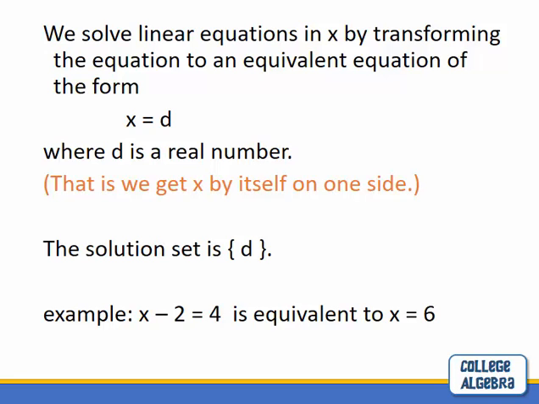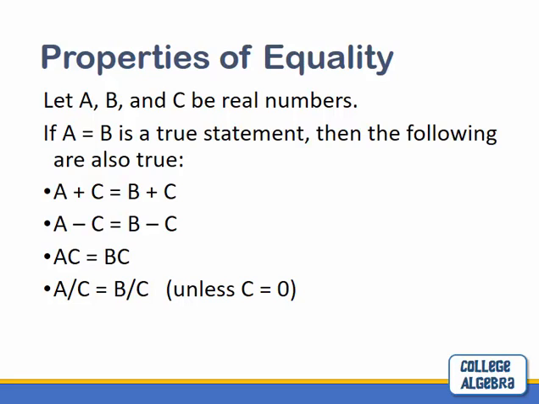But what we really do is we take our equation and we keep transforming it algebraically using properties that keep it equivalent to find an equivalent equation where we can just read the answer and get like x equals d, where d is some real number. For example, if I have x minus 2 equals 4, I could add 2 to both sides, keep everything balanced, keep it equivalent, and get x equals 6, and then I can read that my solution set is 6, the number 6. So the properties, whatever we do to one side, we do to both.